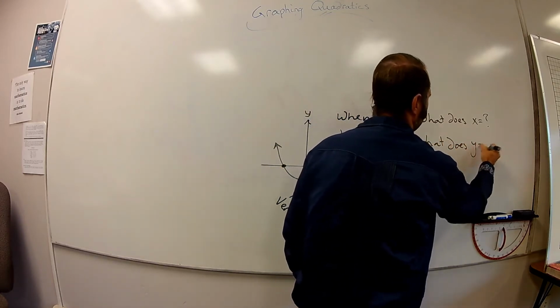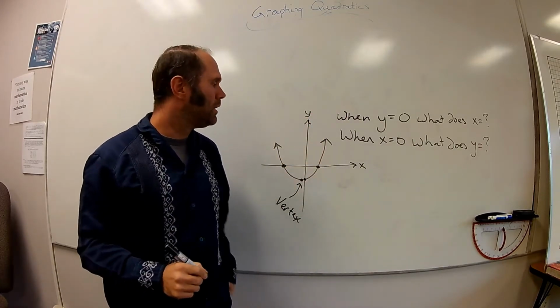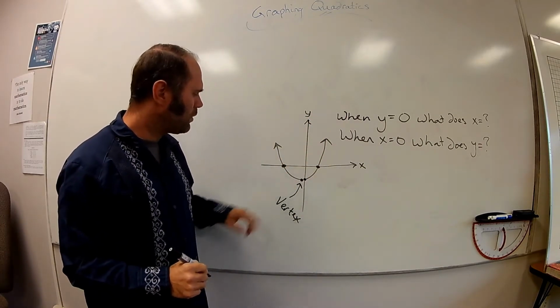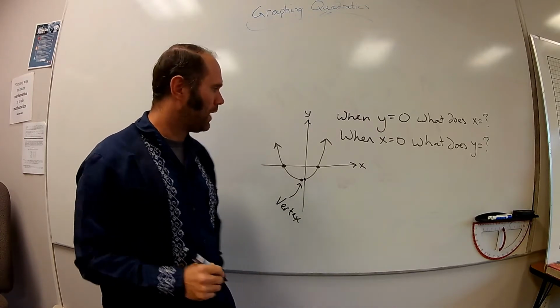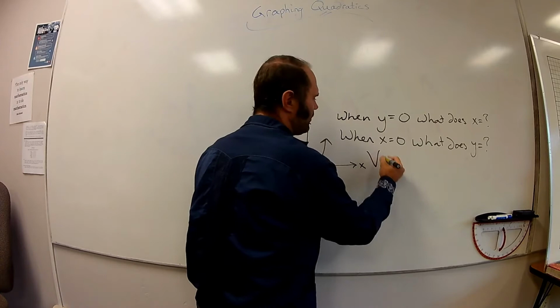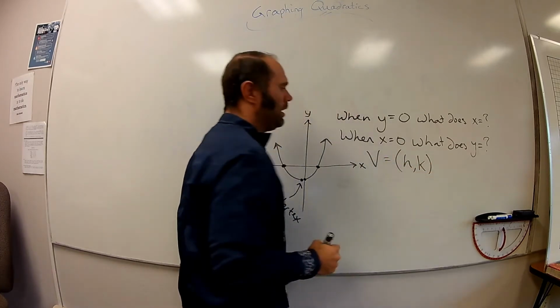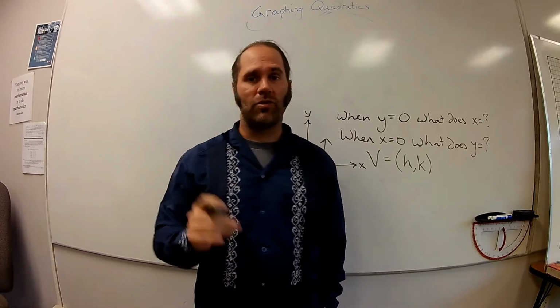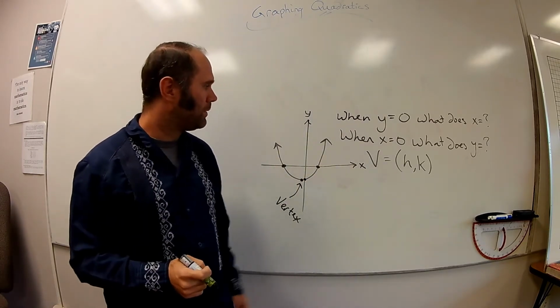So that's another thing that we're going to be looking for. And then, of course, the vertex, which we will be finding. The vertex is usually equal to h comma k. You don't always need to have h comma k to find it, though.